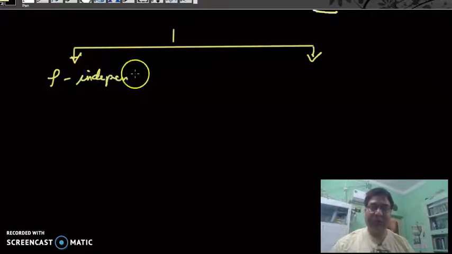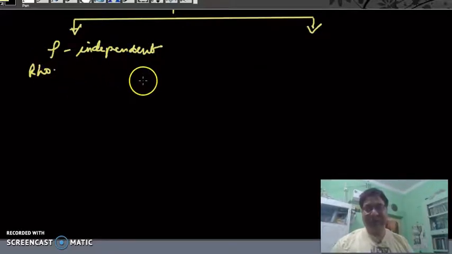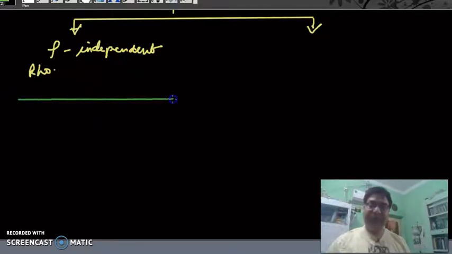In most books you will get this process, rho independent. Rho independent means there will be no need of any rho protein, and termination will automatically occur at this particular site. This is the termination site we are talking about, the termination region.